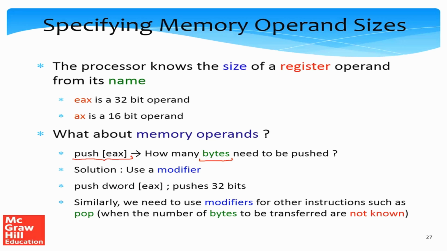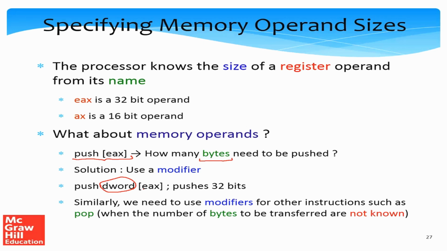That's the reason it is necessary to provide a modifier to the push instruction, especially when we are trying to push something into a memory address, so we can specify how many bytes need to be pushed. This is not necessary for a register, but for a memory operand this is necessary.